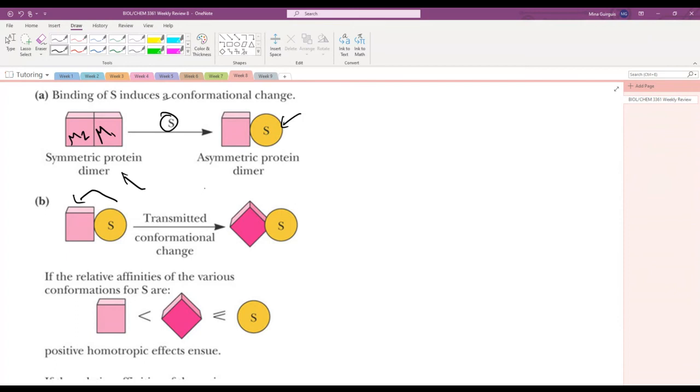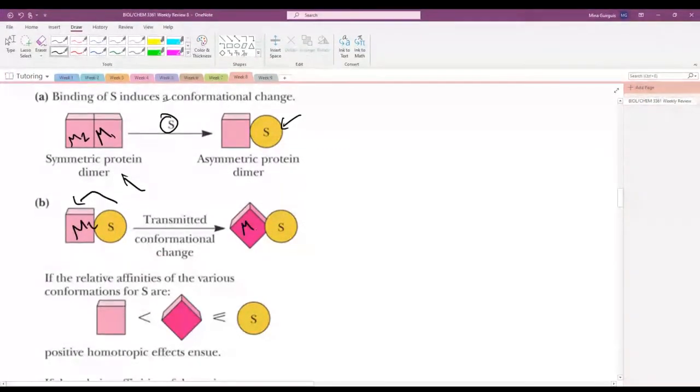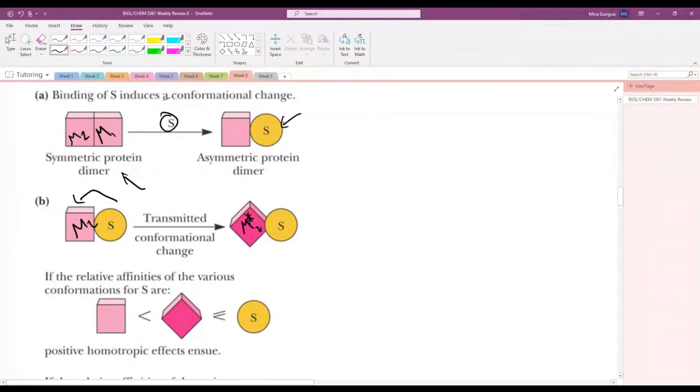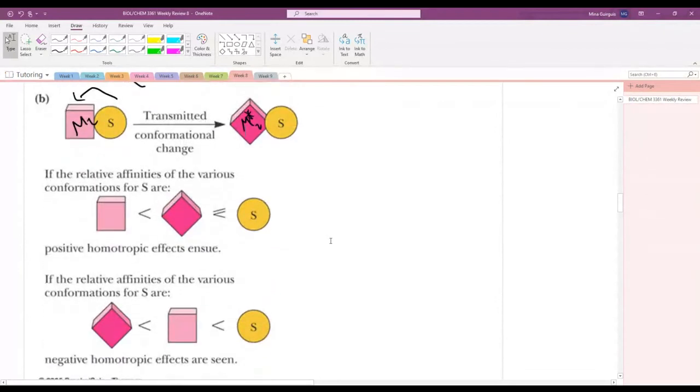I think one of the reasons that I personally got confused with this is I was like, how does that change M2 at all? And it's not really changing it necessarily. It can, but it can also be as simple as just moving something around. Now M2 is, and I'm just going to call it M2 star. So now it's talking about affinities.